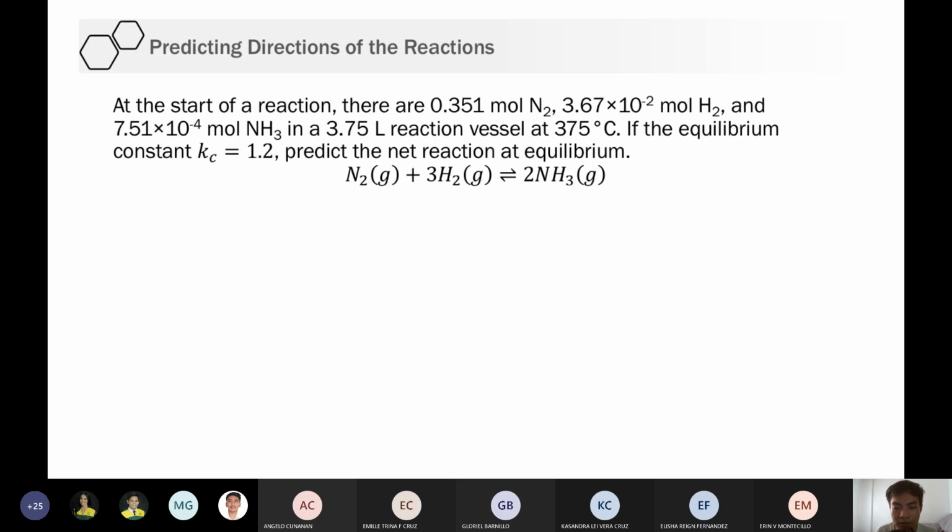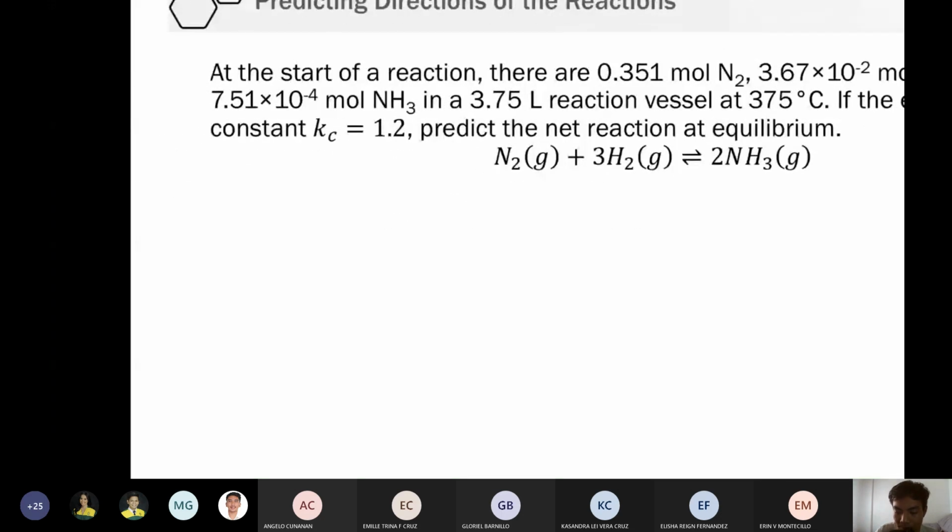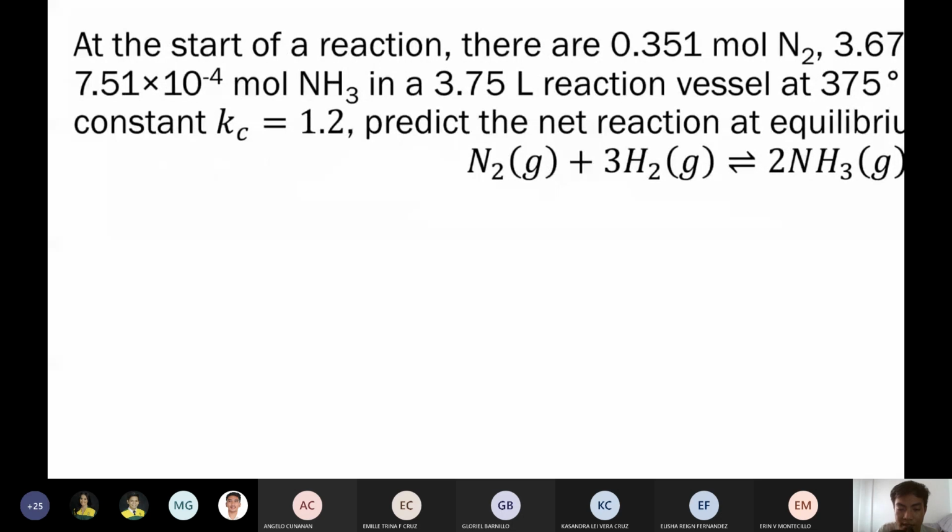So, how are we going to solve for this problem? In order for us to determine the direction of reaction, you must compare Q with the K. Okay? So, gawin natin Q. Since Kc given sa atin, edi Qc yung gagamitin natin. Okay, so Qc is similar with Kc lang.